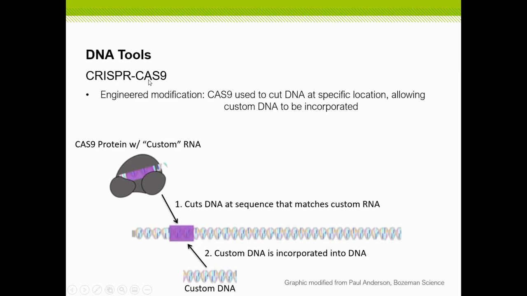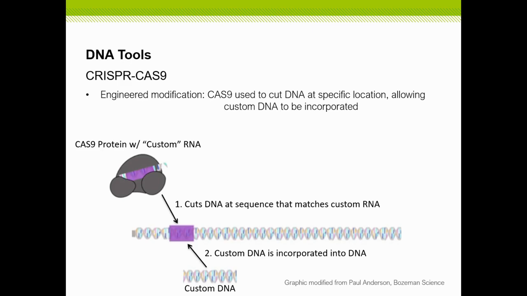In this Cas9 protein, we are able to modify the RNA that the Cas protein is using. Instead of using part of the CRISPR system, it's just using the custom RNA that we're giving it, and it's identifying that part of the DNA sequence. It's cutting the DNA sequence right there, and then whatever custom DNA we have to implement into that system, it's going to be put right into the DNA.